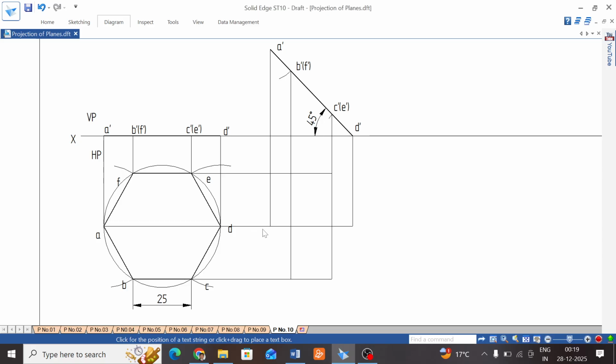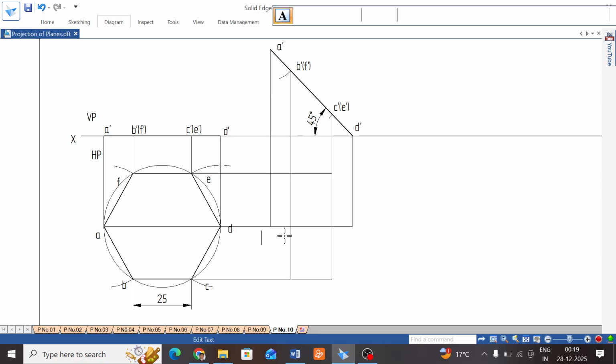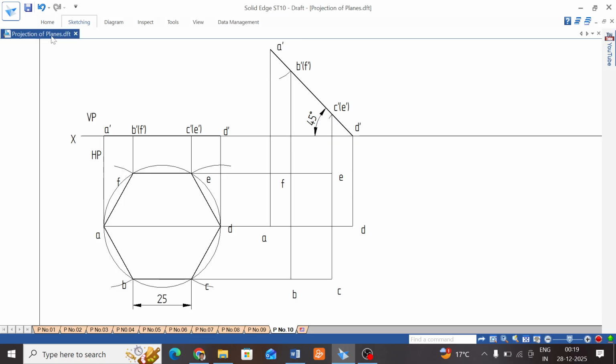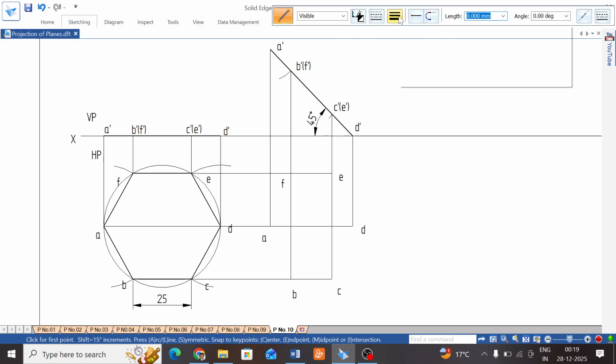Start naming; later you join those to make the apparent lamina. a, b, c, d, e, and this point is f. Now using a scale, join all these six corners by thick lines: a, b, c, d, e, f.